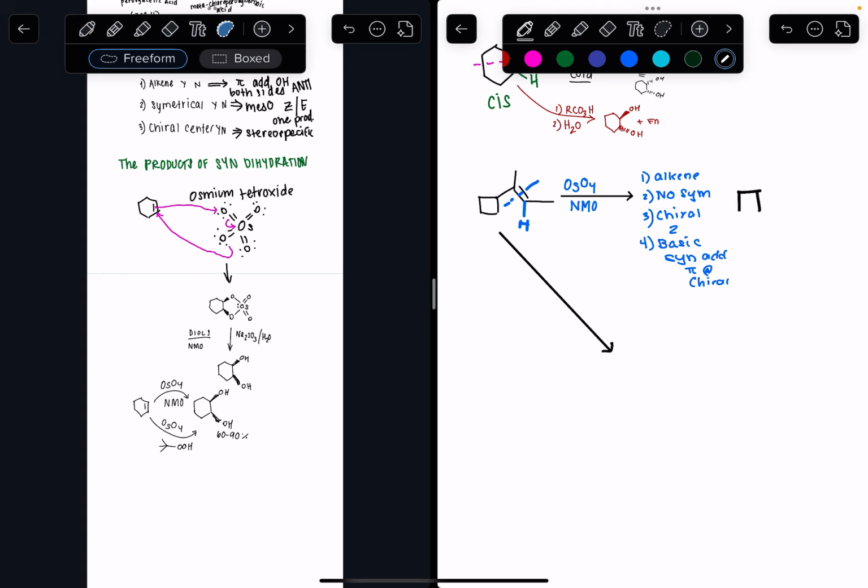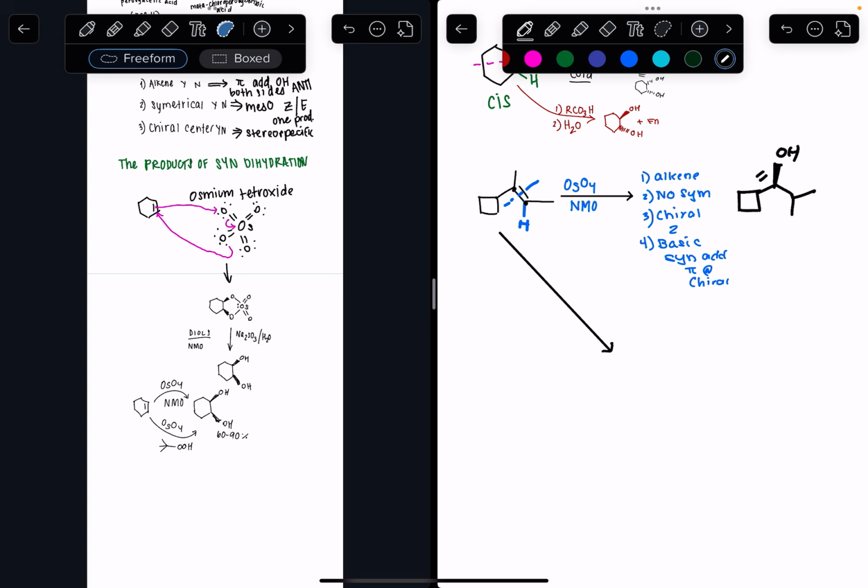Okay, so we're drawing our same molecule. Let's draw it without the double bond. We've identified our chiral centers are going to be there and there, and we've identified it's syn addition. So let's go ahead and add our oxygens.